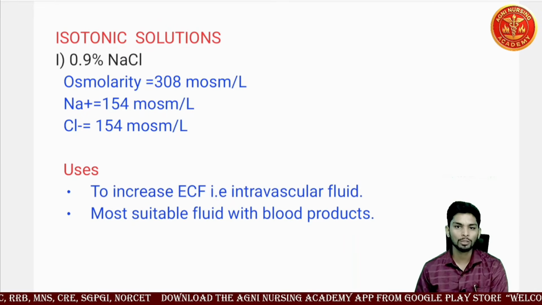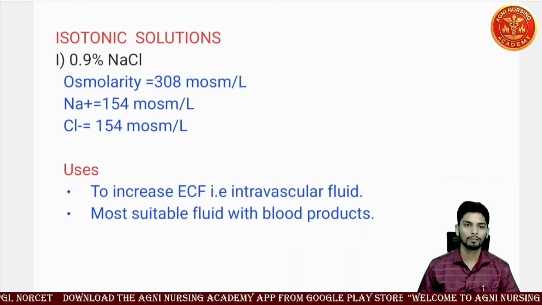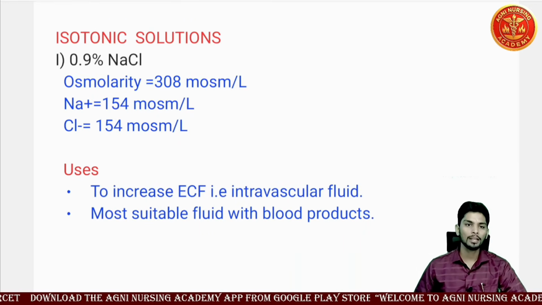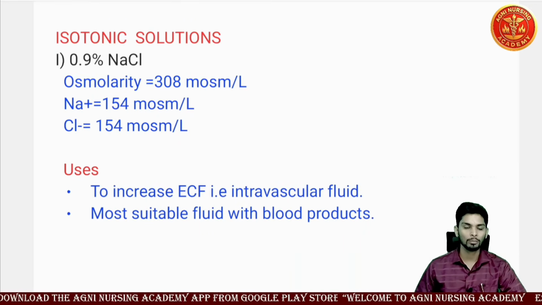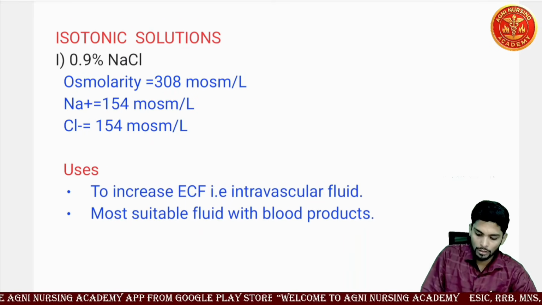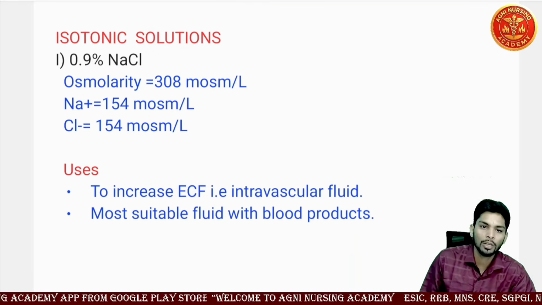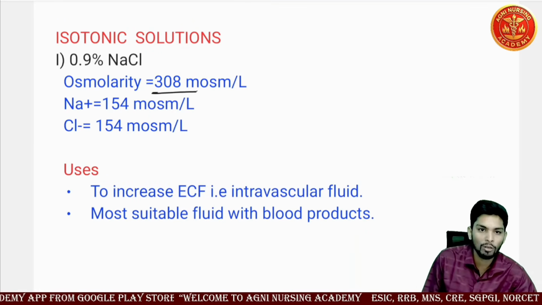So the tonicity of the solution is equal. Means solute is equal to solvent. In that, we already learned the example: it is 0.9% normal saline. So 0.9% normal saline has an osmolarity of 308 milliosmol per liter.